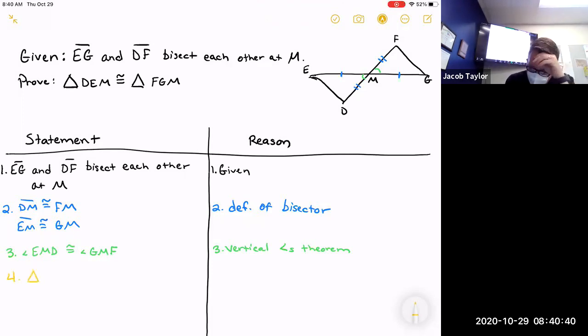Triangle DEM is congruent to triangle FGM, and the reason why is I'm just going to write SAS. You could write side angle side congruence theorem. That would be okay. Or you could not do that, which is what I'm going to do.